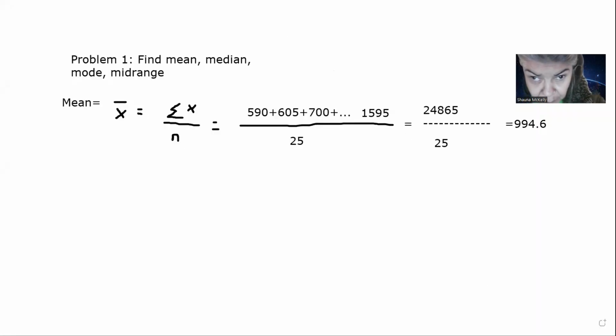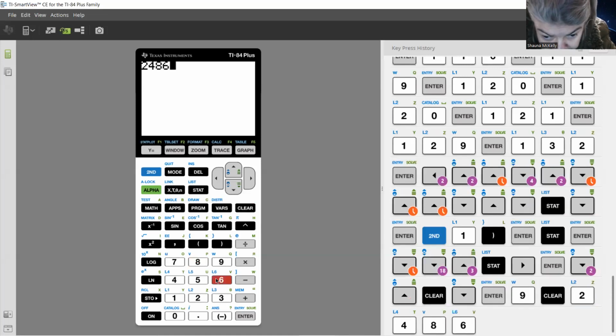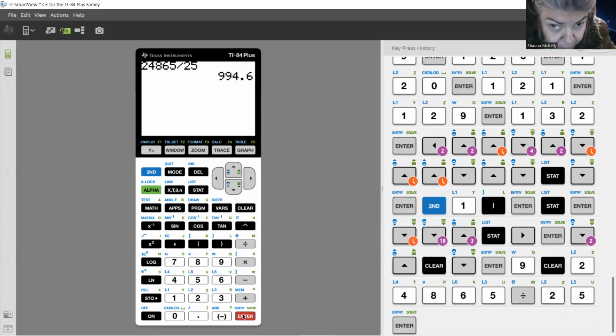So here I have 24,865 divided by 25. Hit enter. There's your mean. That's 994.6, which agrees with what we saw on the screen.